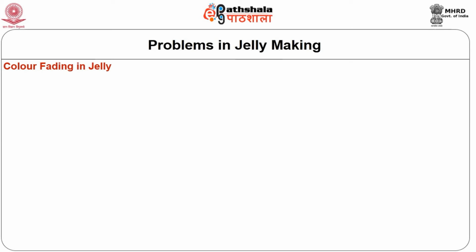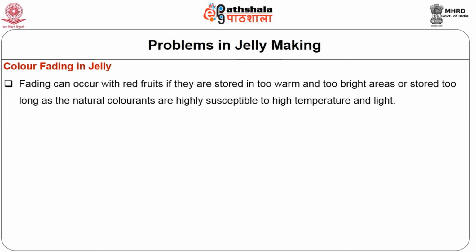Color fading in jelly. Fading can occur with the red fruits if they are stored in too warm and too bright areas or stored too long, as the natural colorants are highly susceptible to high temperature and light.